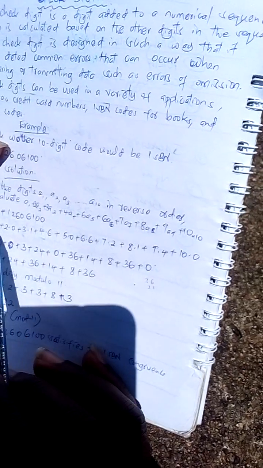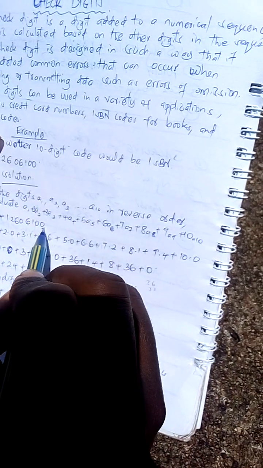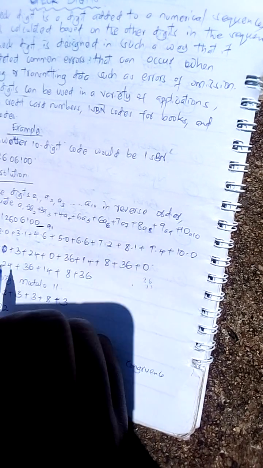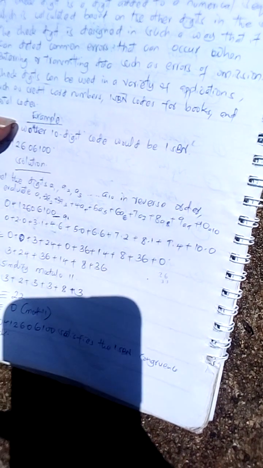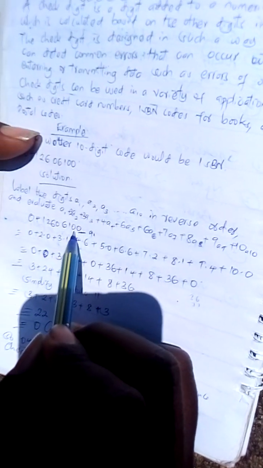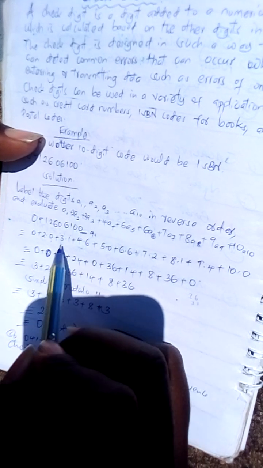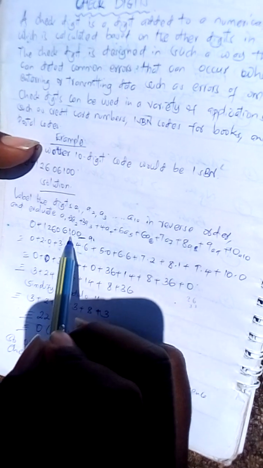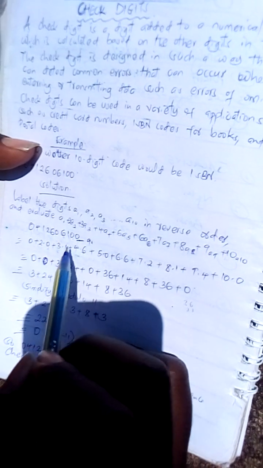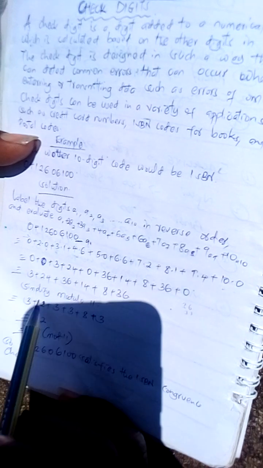Considering our code here, our last digit is A1. So we start with A1. Then A2 is the second digit, which is 0. So it will be 2 times 0, plus 3 times 1, plus 4 times 6, in reverse order all the way to 10 times 0.